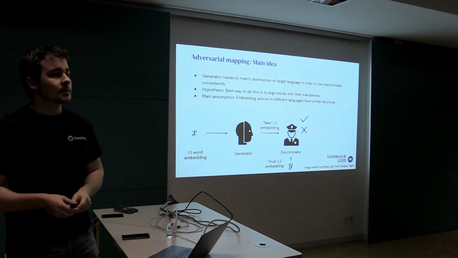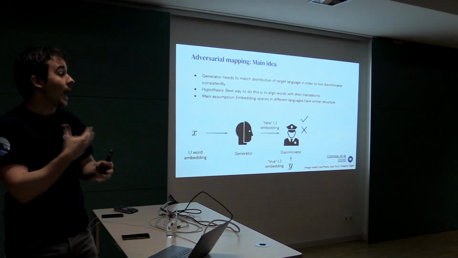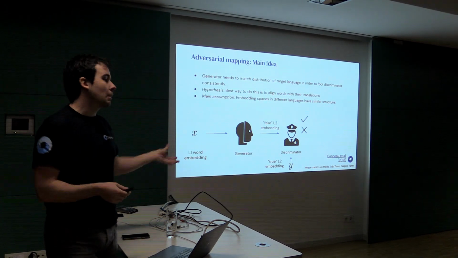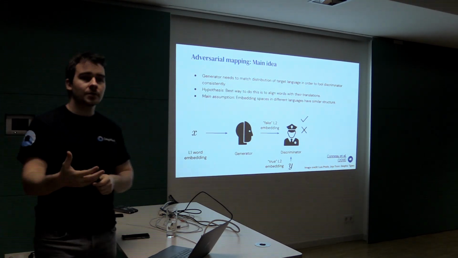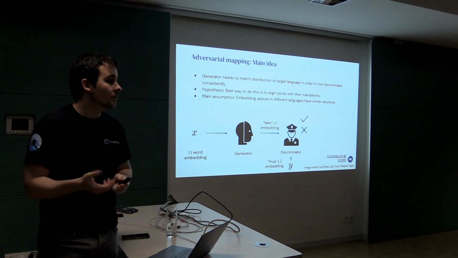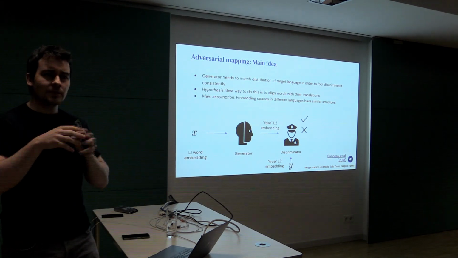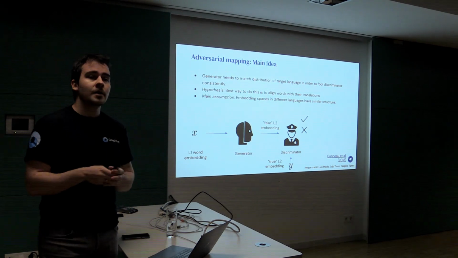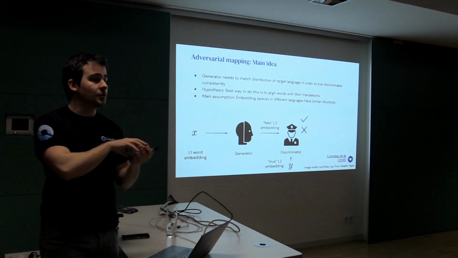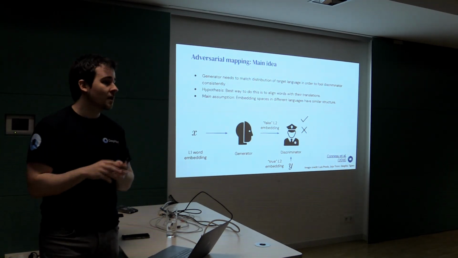And the main hypothesis for why we would want to apply this method here is that the best way to align these different embedding spaces, the best way to minimize the distance between the two distributions, is also the way that puts the translations of the source and the target language embedding space close to each other.